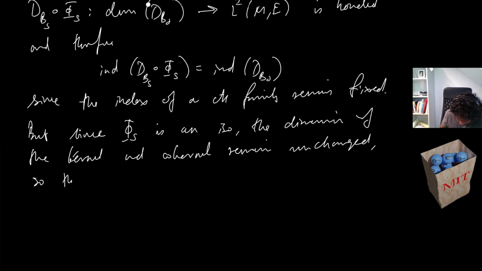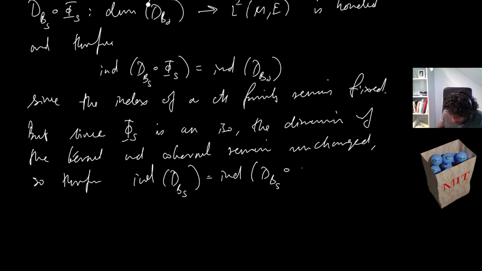So therefore, the index of D_B^S is equal to the index of D_B^S composed with phi of S. Okay, so that's the proof.